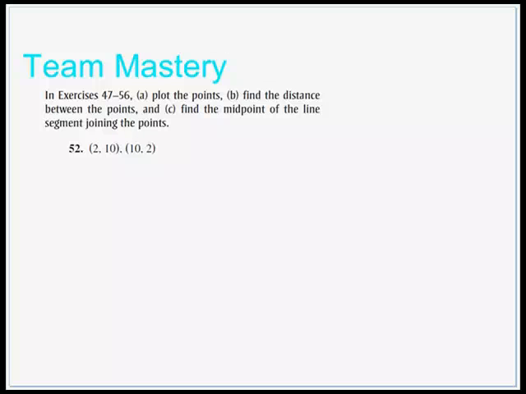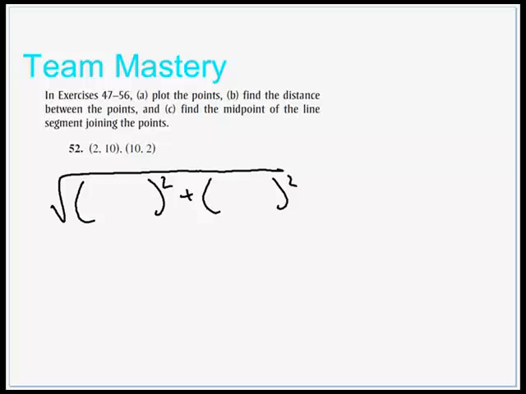And this is just another one here for a little more practice. Now we're going to do the same thing, distance between them and the midpoint. So here our points are 2, 10 and 10, 2. So our distance formula: x's subtracted and squared, added to our y's subtracted and squared. Let's go left to right again. X minus x will be 2 minus 10, and y minus y will be 10 minus 2.